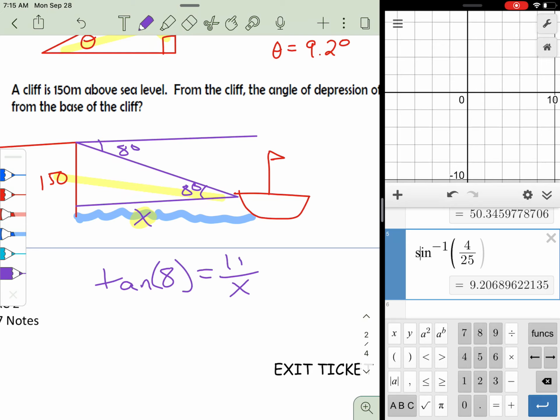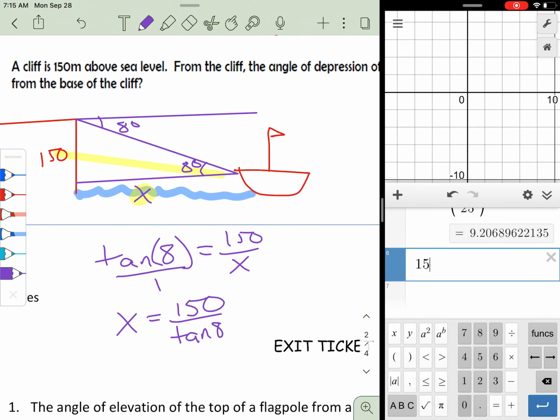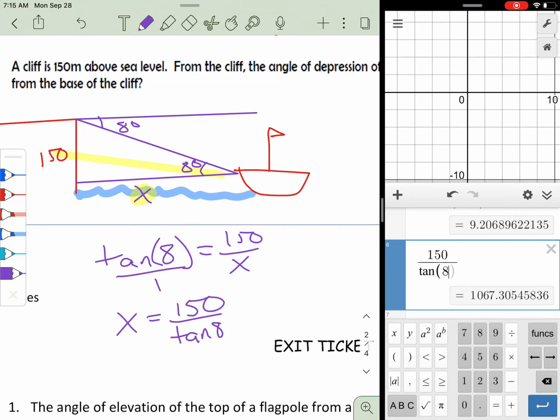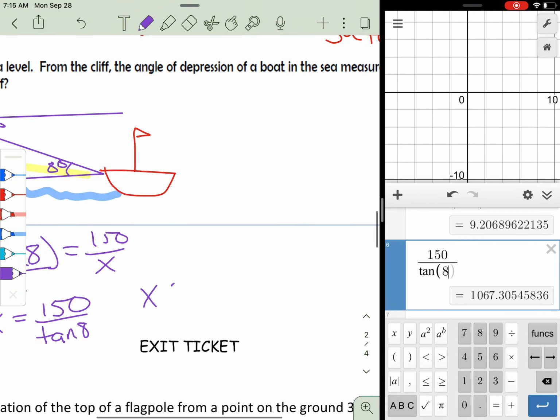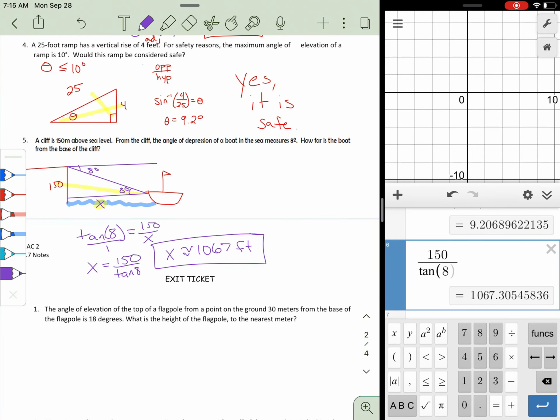That's 150, not 10. Okay, cross multiply gives you x times tangent of 8 equals 150. When you divide by tangent of 8, you get 150 over tangent of 8 degrees. Okay, so 150 divided by tangent of 8. So the boat is about 1,067 feet away from the cliff, about 1,000 feet.